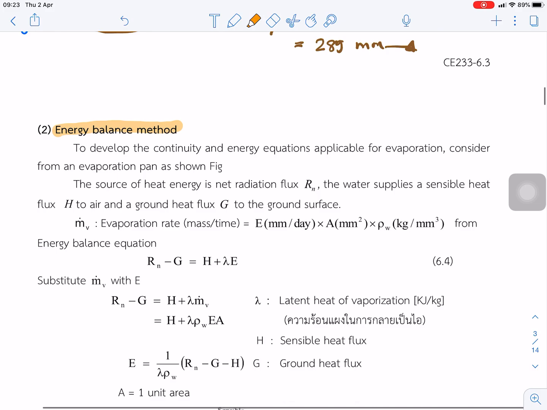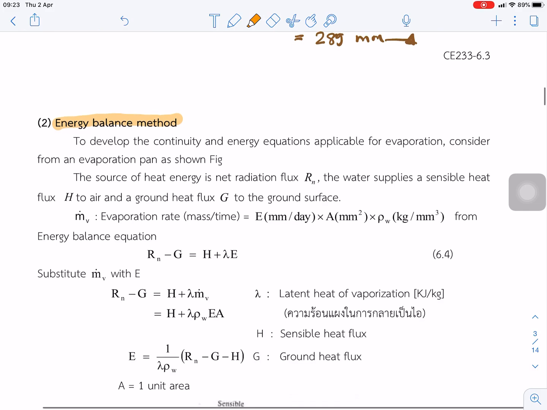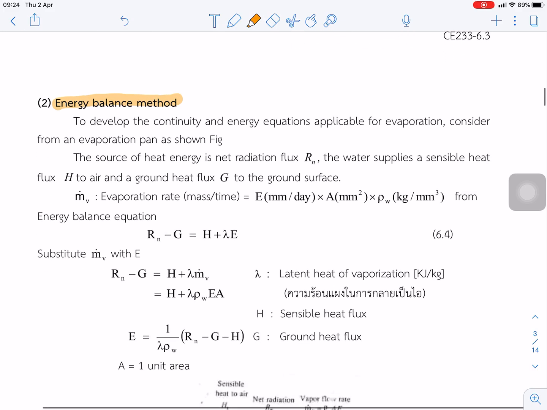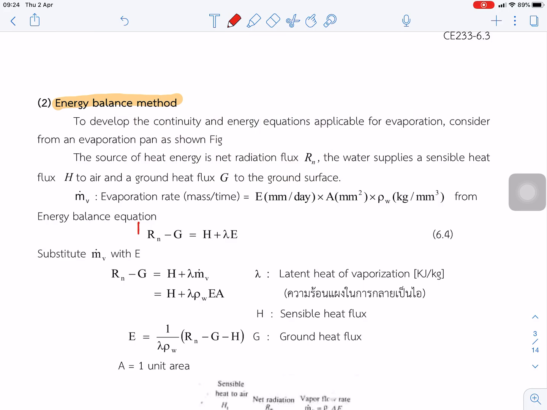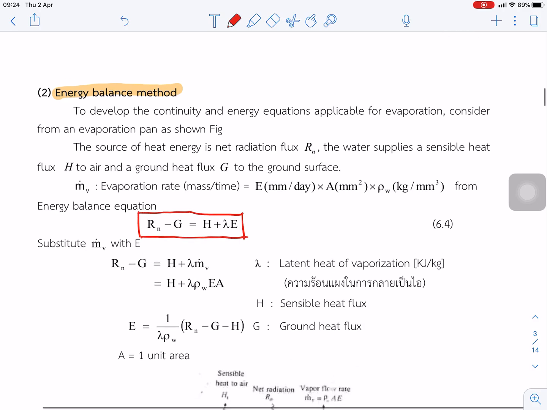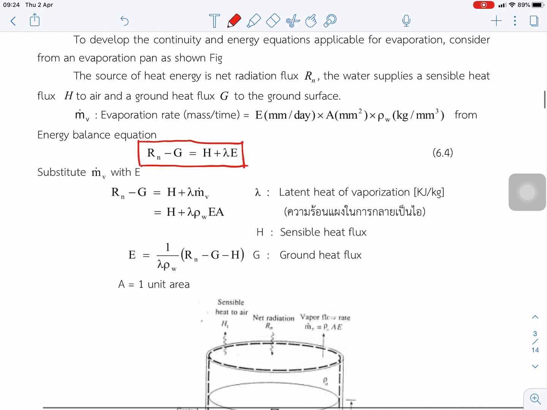the next method we call the energy balance equation. So this one we have from the second lecture. We already talked about this equation, the energy balance equation. And in this case, we just rearrange this equation to get this.